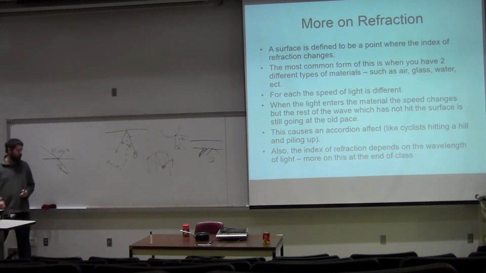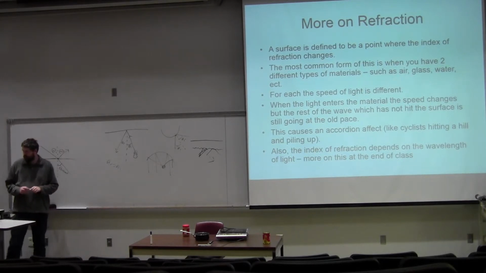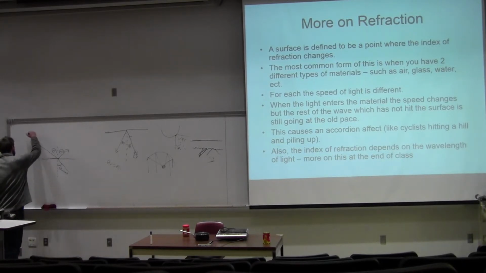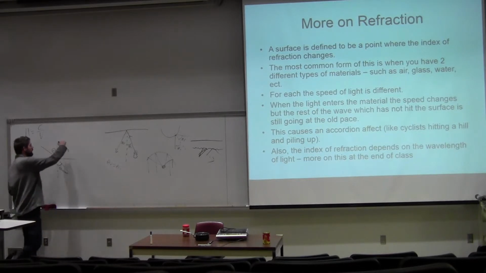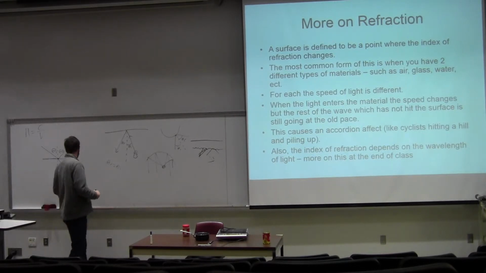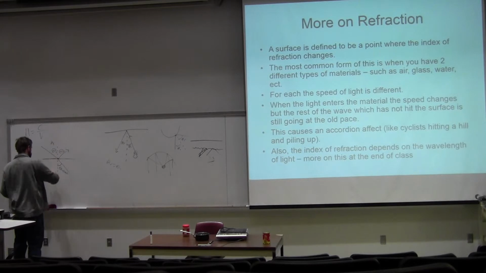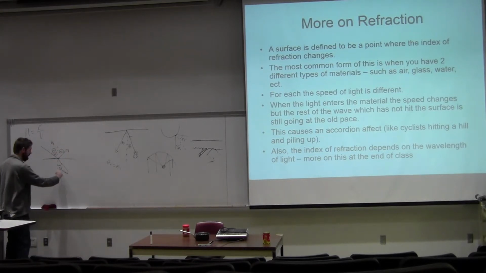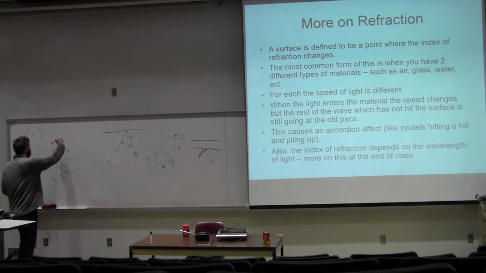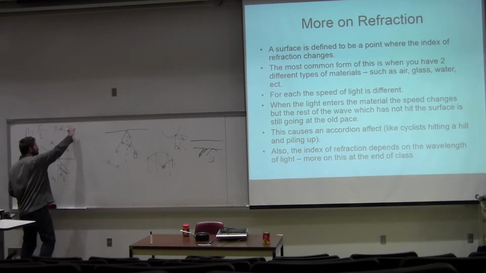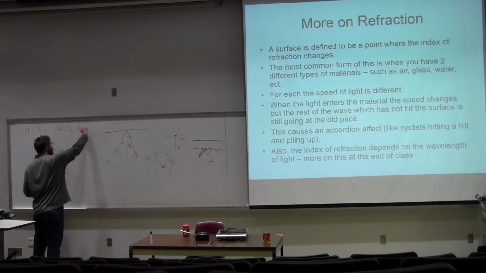So back to refraction. We learned that the index of refraction equals the speed of light over the light speed in that substance. We also learned that if we have two signs, N1 and N2, and we call theta I as theta 1 and theta refraction as theta 2, then N1 theta 1 will be roughly approximate to N2 theta 2.